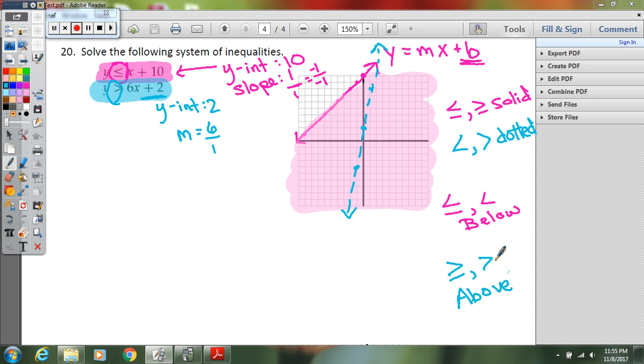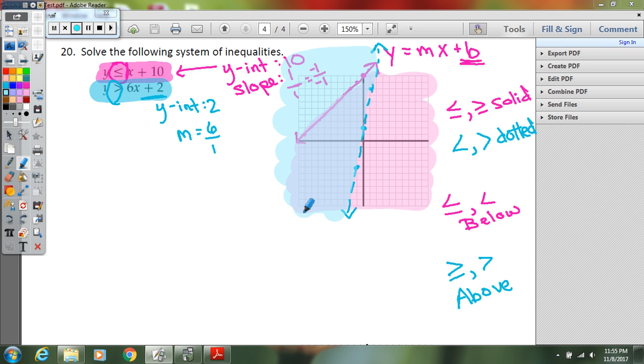It's kind of hard since this line is so steep to see what side's above. But think about what side the person would be standing on. And the person in this problem would be standing on this side of the line. So we're going to shade above it.